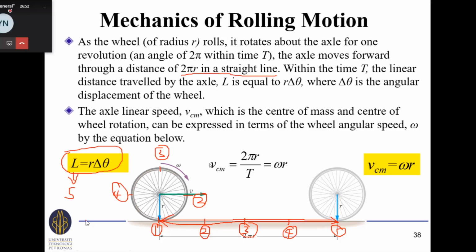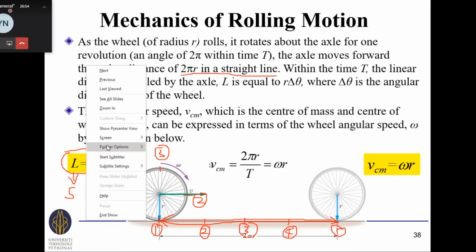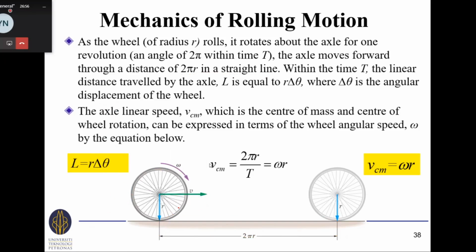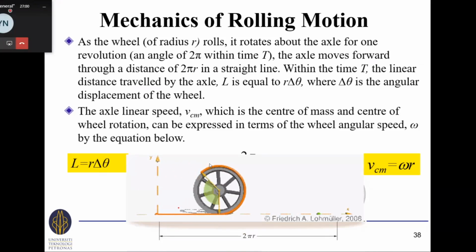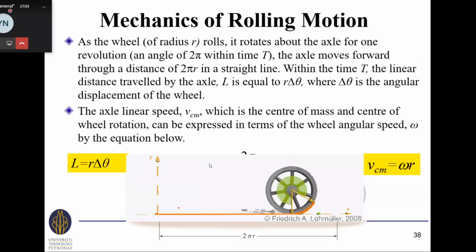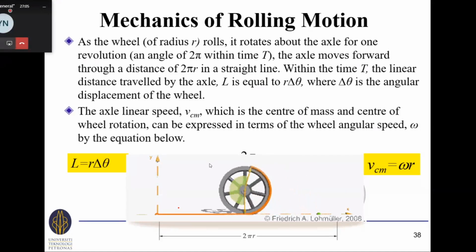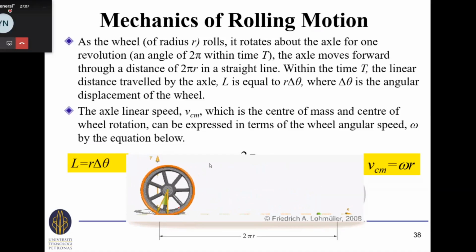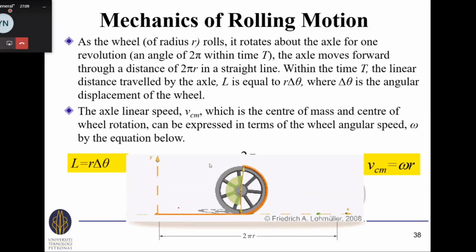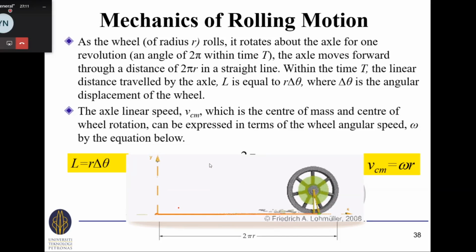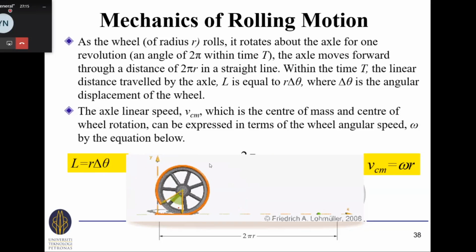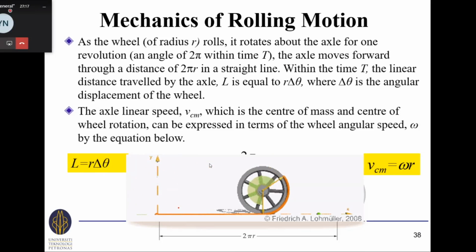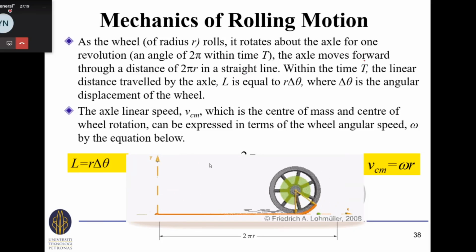Let me show you this. If you feel like you cannot see this much, I have this from online. You can see that as the object is rotating, it covers a certain distance on the ground, and that distance is the same as the circumference of the whole rim of the tire. Basically this is the rolling motion.